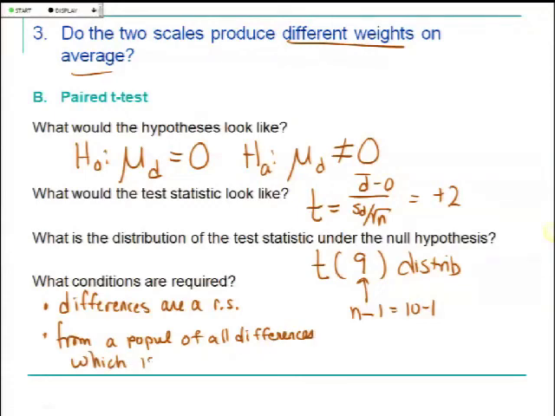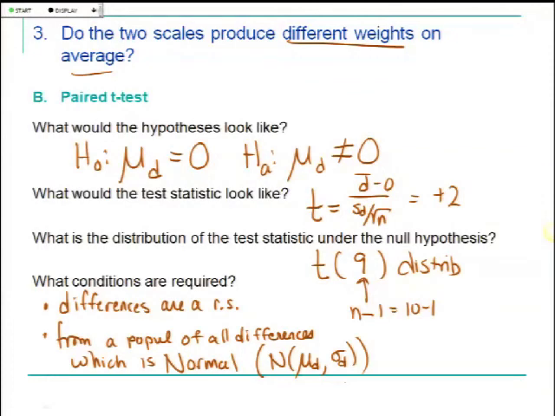Which is normally distributed. In fact, if you wanted to say what kind of model, it would be normal with that true mean mu d and that true standard deviation, that true mean that I'm trying to learn about and hypothesize about.